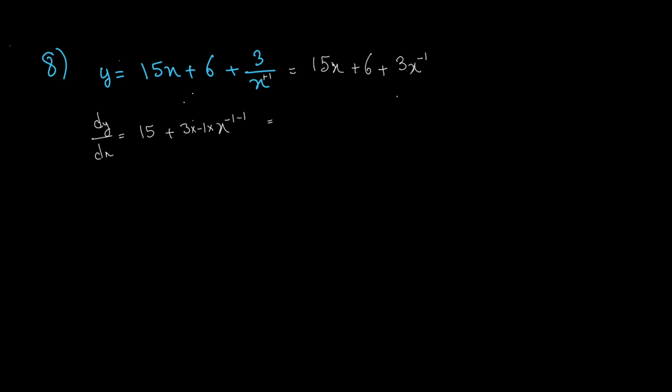After simplifying this equation, we'll get 15 plus, actually it will be minus, because 3 into minus 1 will give us minus 3, so minus 3 x to the power minus 2, as we have minus 1 and minus 1 here, so it will give us minus 2. So this is our final answer.